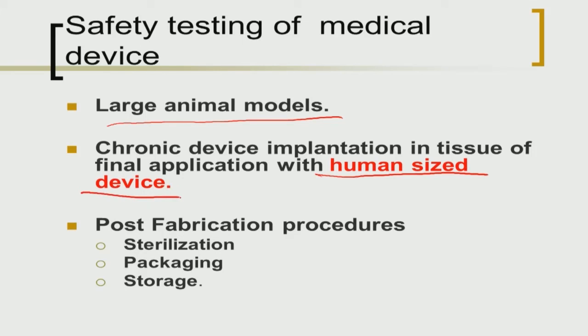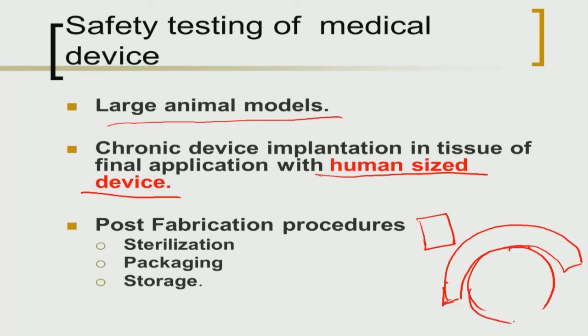Now, why am I emphasizing human sized devices? Normally in the laboratory scale, we always use scaled down samples, or samples of simple geometry or smaller sizes. Now, for human device sizes, for example, if you are interested in an acetabular socket, then you have to use the same device size, as well as a femoral ball head of the same size.